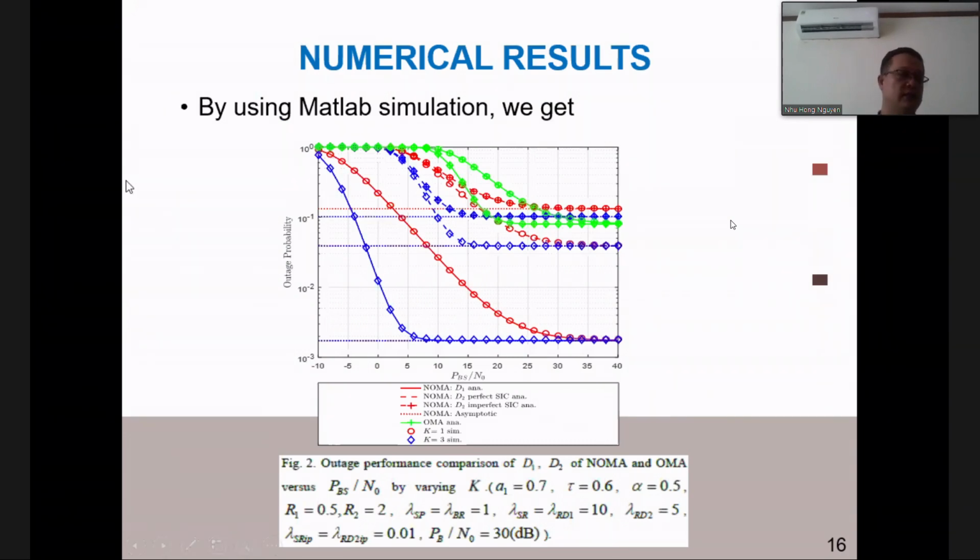In this session, we saw the comparison of IoT system relay outage performance for two users using NOMA and OMA. These users are grouped in downlink of the AB using NOMA and OMA.